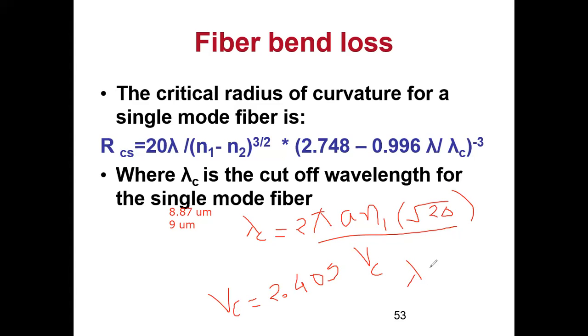No, ma'am, I'm calculating. Okay, calculate. Anybody? 1.21 micro. Yes, lambda c is 1.14 micrometer. So this is the value of lambda c. Now once you get that value of lambda c, then you put it over here. You solve it. I'll take the attendance meanwhile.